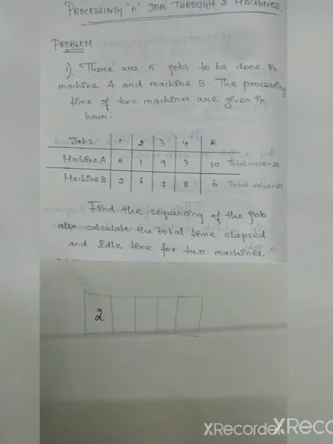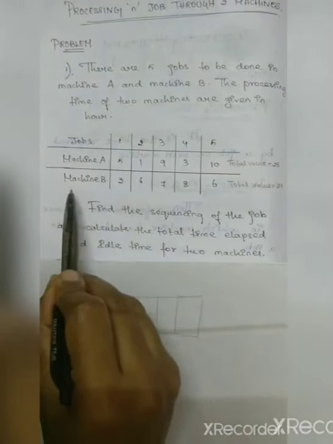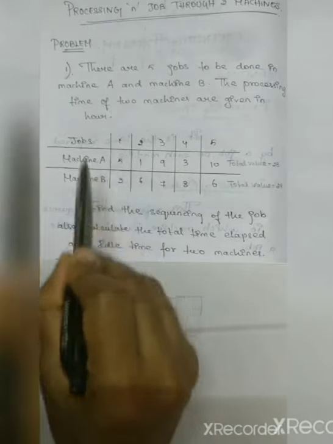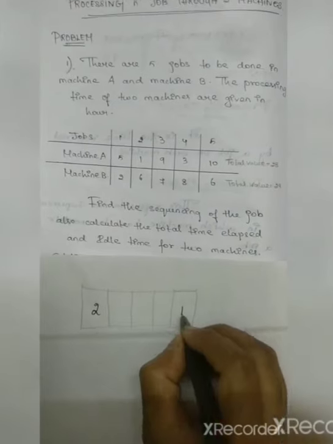For these, the next least value is 2. This 2 belongs to machine B, so job 1 we have to write on the right side of the box. This is the sequencing table, so jobs 1 and 2 will appear.